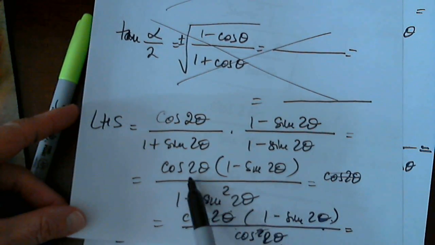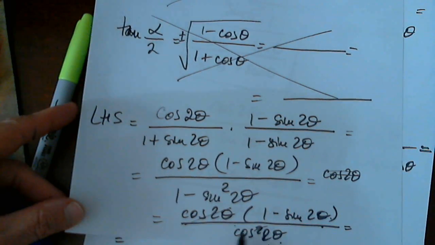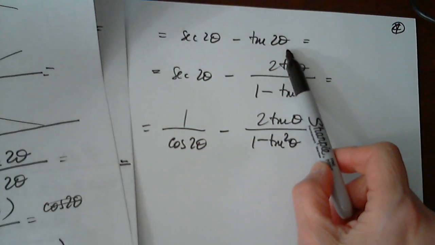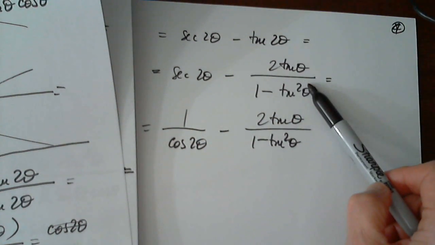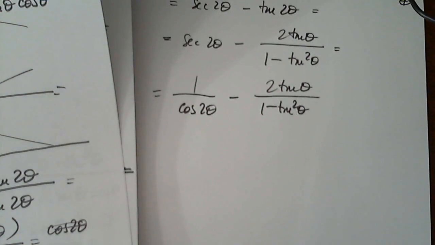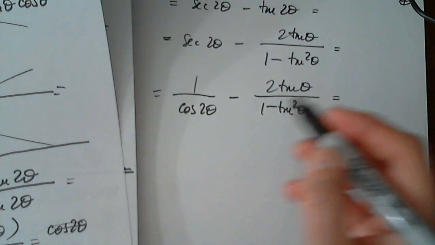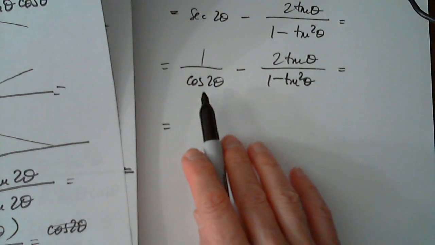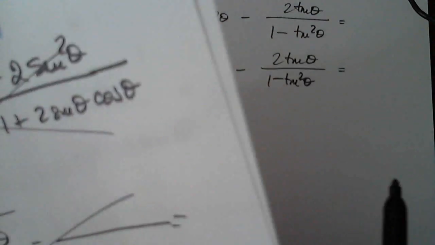This was cosine, this is cosine squared. I simplified, 1 minus cosine minus tangent. So this is okay. 1 over cosine 2 theta is not going to change anything because I can't do anything with 1 over cosine 2 theta. Okay.